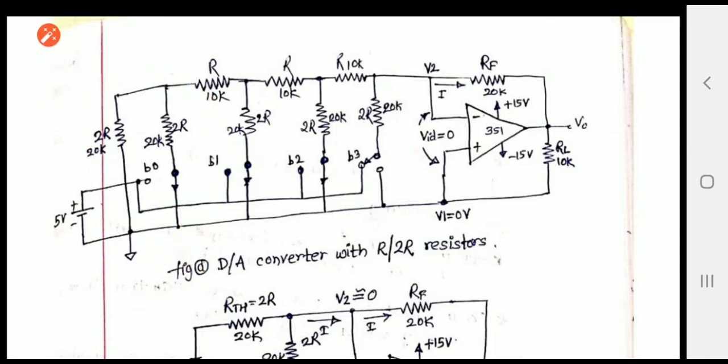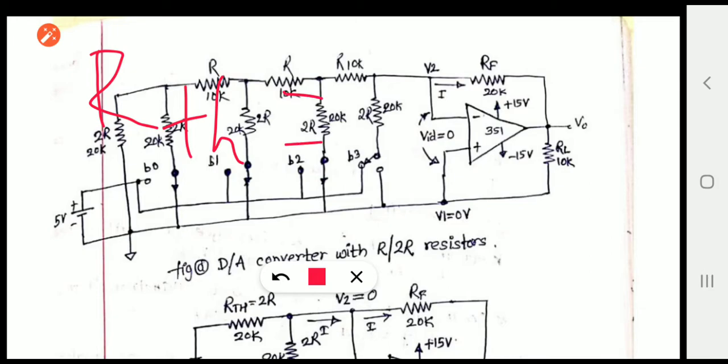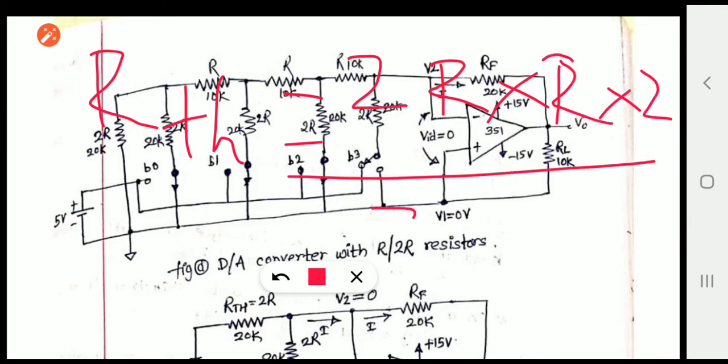Here the resistance across these two is, we can write RTH equals, since both resistors are 2R, 2R into 2R divided by 2R plus 2R.